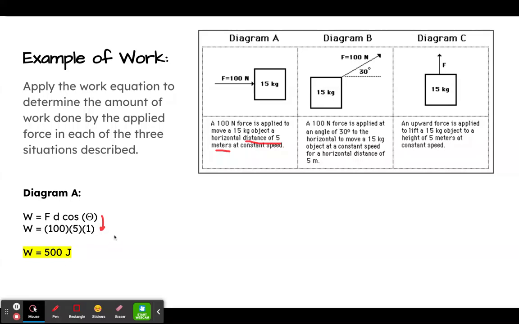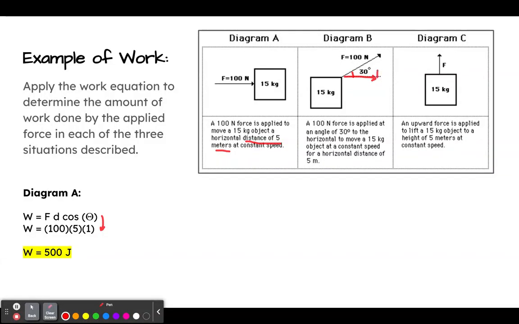Let's jump to diagram B. You'll see that the only thing that's changed is that it's still a 5 meter displacement, but now the 100 Newton force is at a 30-degree angle. Let me demonstrate that here. You'll see that the force is going both up and to the right. These are called components.